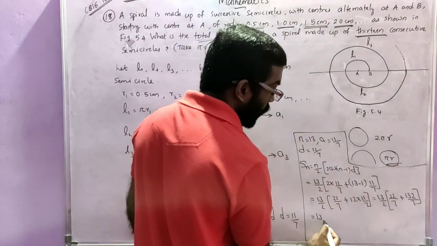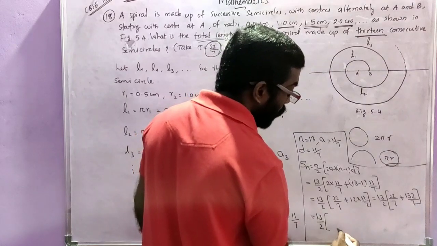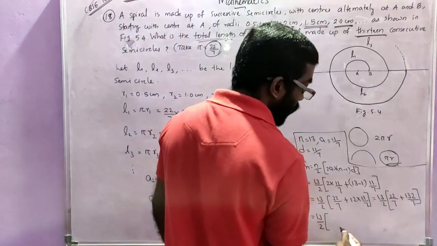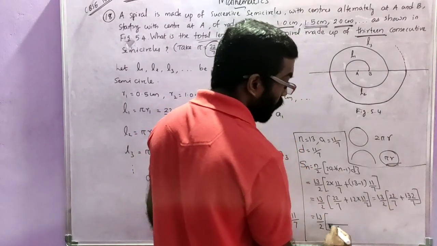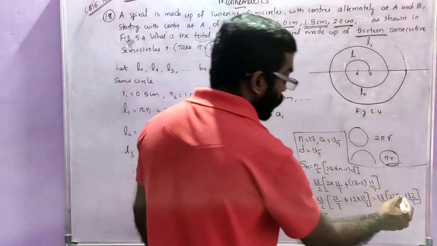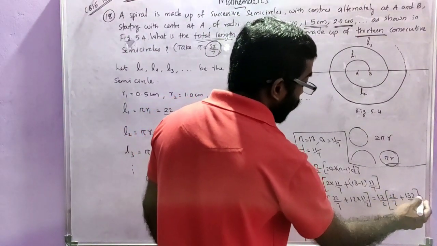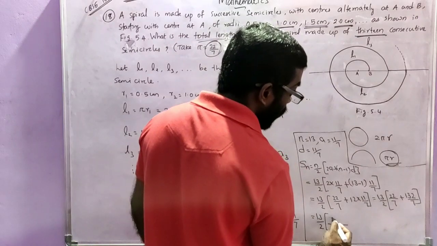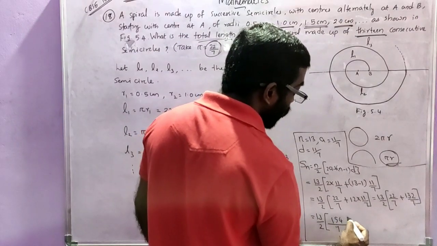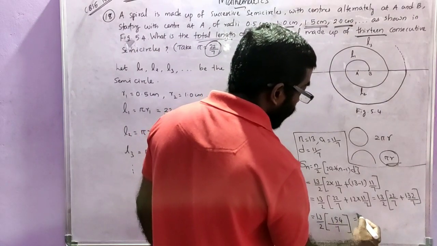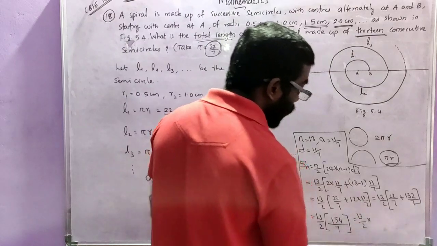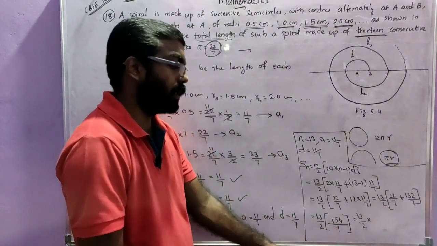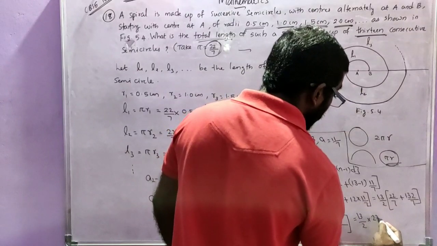That is 13 by 2 into, here the denominator is the same, so keeping the denominator the same and add the numerators. 22 plus 132, which is equal to 154.